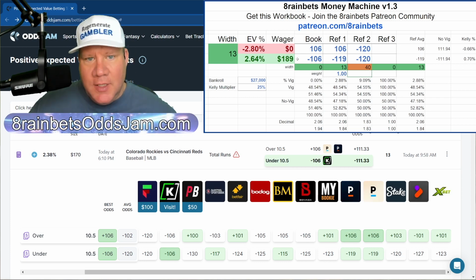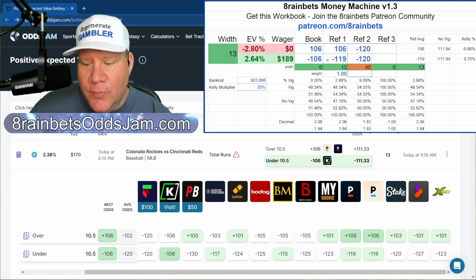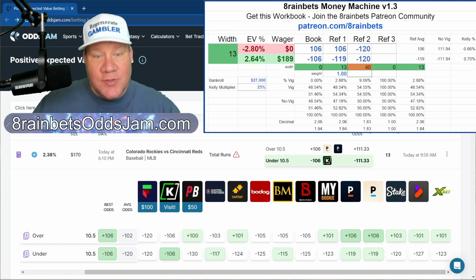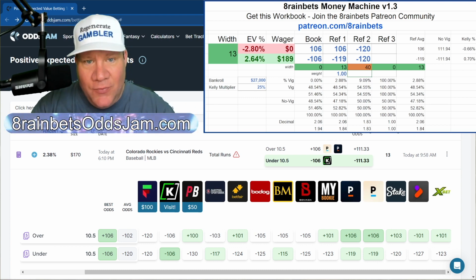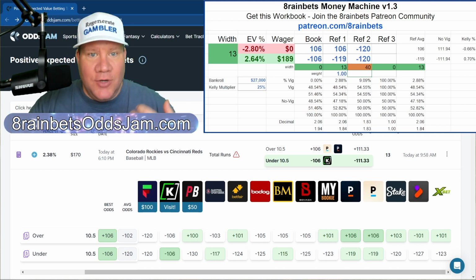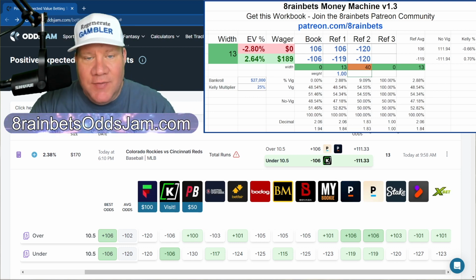That's what we have to understand: when we make a play at a book, we're getting a better deal than what the price implies normally. Because it's a lesser percent that we're paying versus the actual likelihood of that happening, whether we're betting a favorite or an underdog, we're paying less and getting more in return than what the true odds of that happening are.